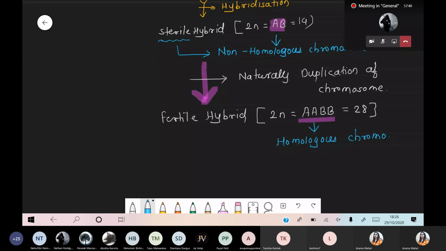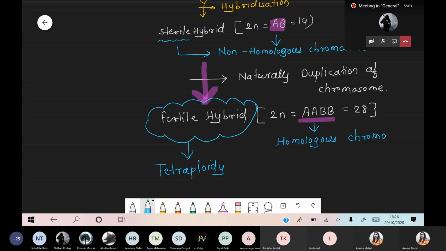Earlier how was it? Earlier these had only 2 sets of chromosome. Now it has become 4 sets of chromosome. So now it has become tetraploidy, right? So this fertile hybrid whatever we produce, we are talking about these are the tetraploidy. Tetra, 4, right?